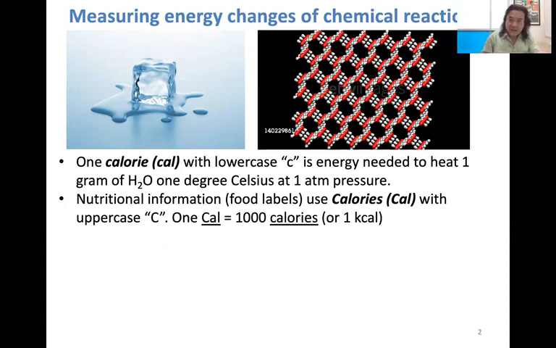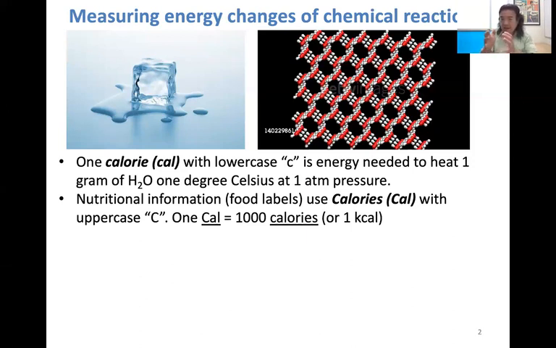Right? So this is actually kind of an entertaining animation here. What happens to the water molecules in this crystal structure once you start heating things up? If this image is at 0 degrees Celsius, what happens when you start putting more energy into this in the form of, for example, heat?